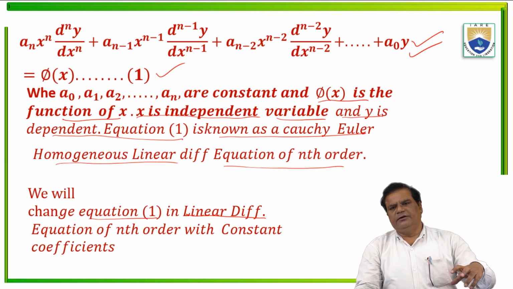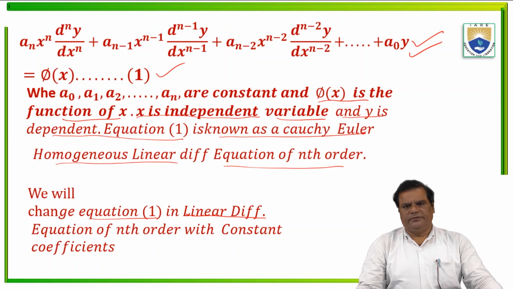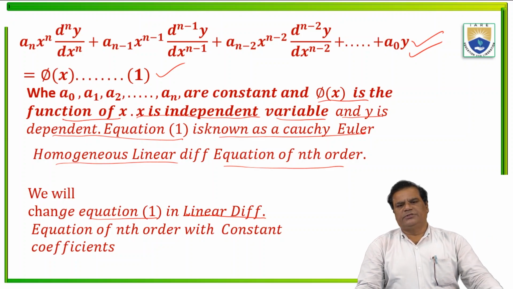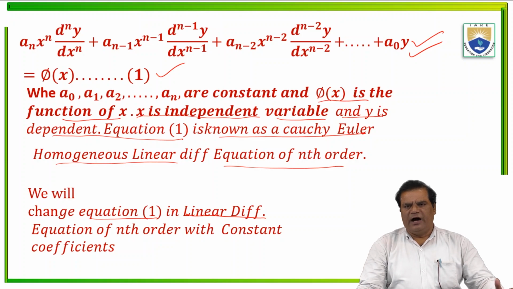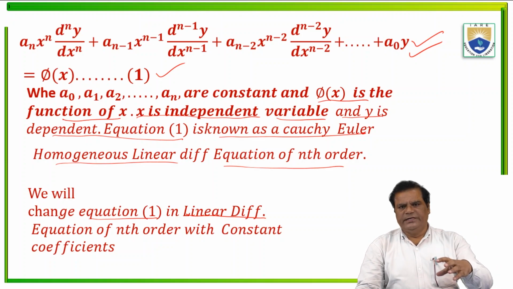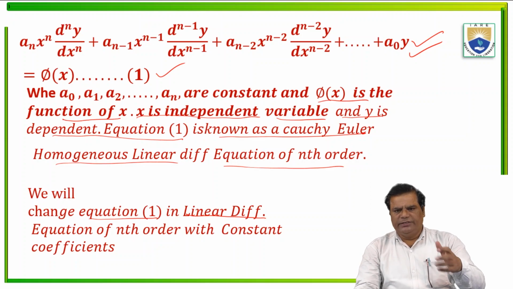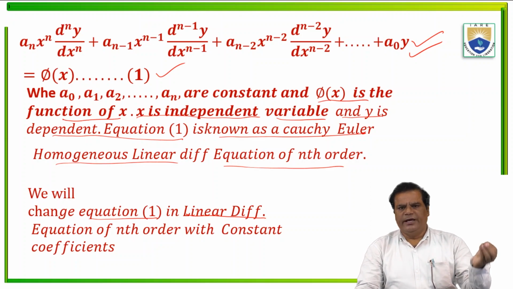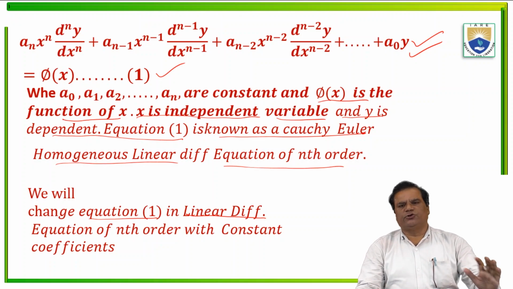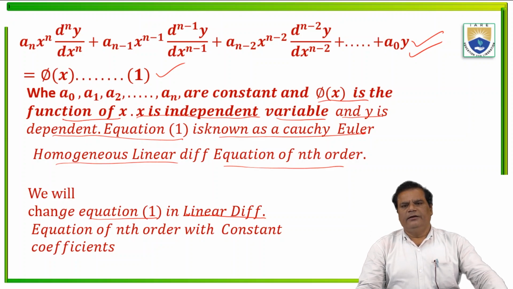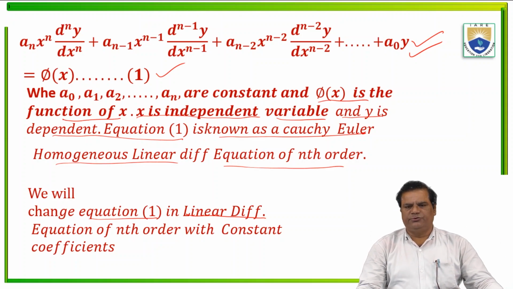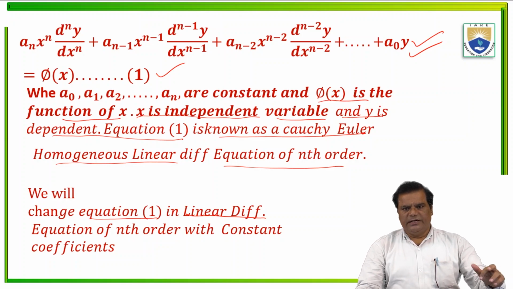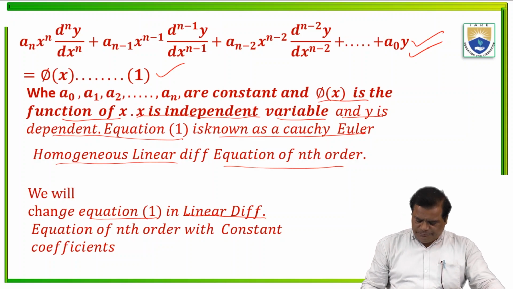After the homogeneous linear differential equation is changed to constant coefficients, we apply the method y equals CF plus PI, and then we can solve the equation. First, the Euler Cauchy homogeneous linear equation is converted into a differential equation with constant coefficients. Then we can solve it.